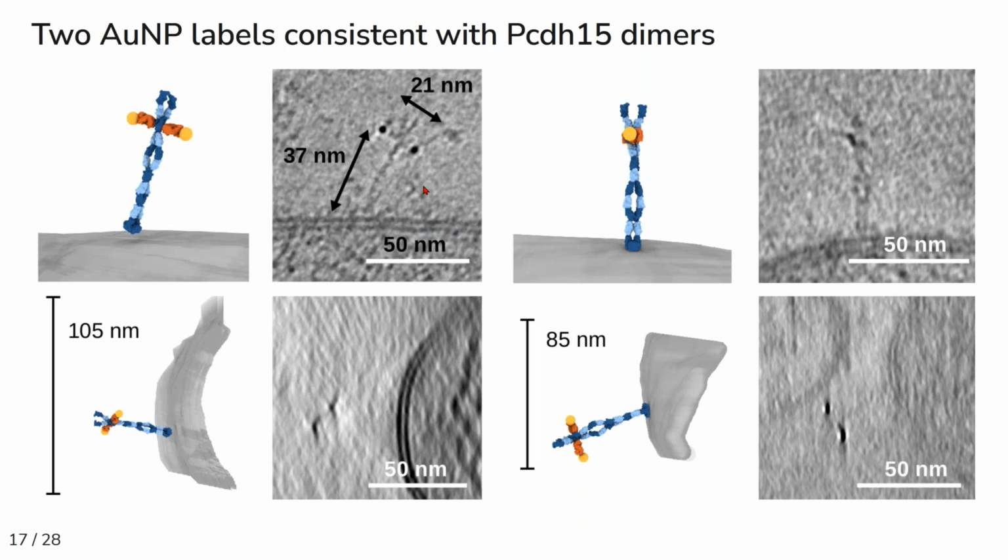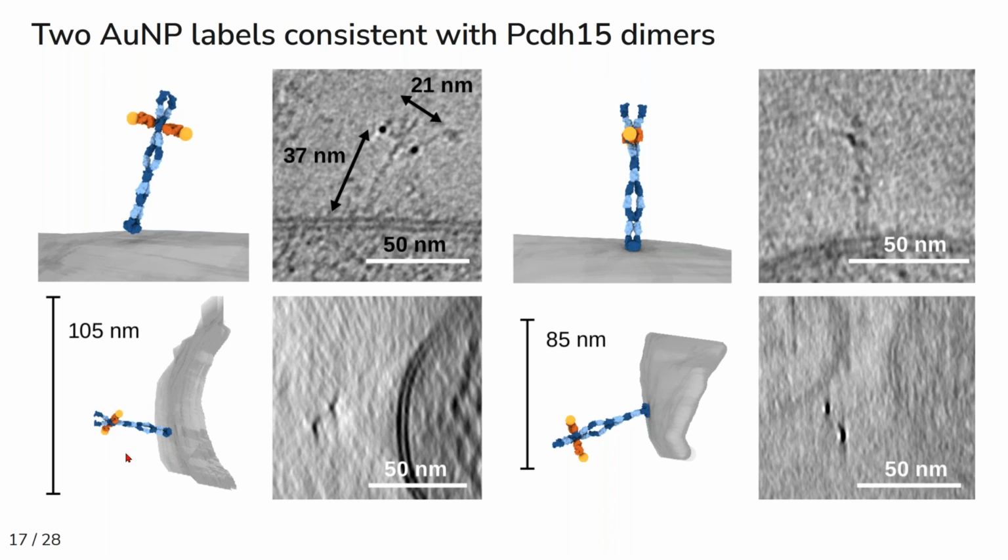So when we then looked at slices of some of these tomograms, in a lot of cases we could find these two gold nanoparticle labels that were consistent with protocadherin-15 dimers. So here I'm showing you two examples. And one example is the protocadherin-15 density extending from the stereocilia and being perpendicular to the electron beam.